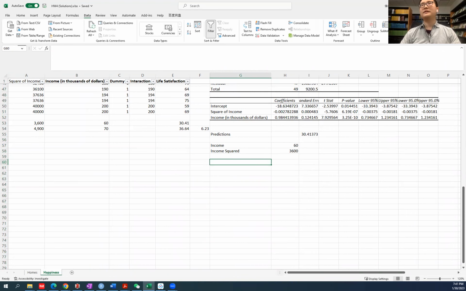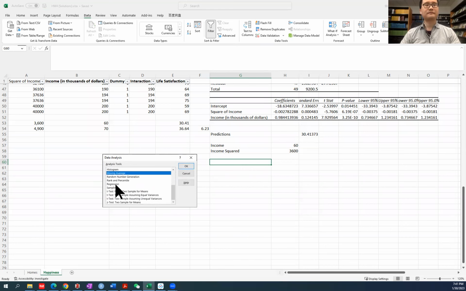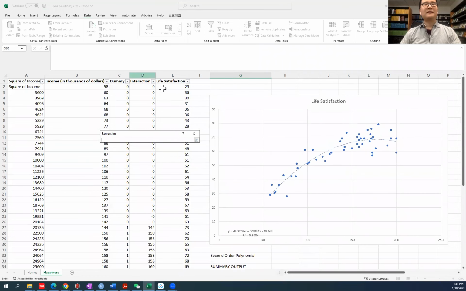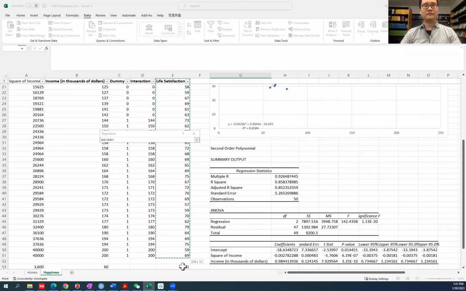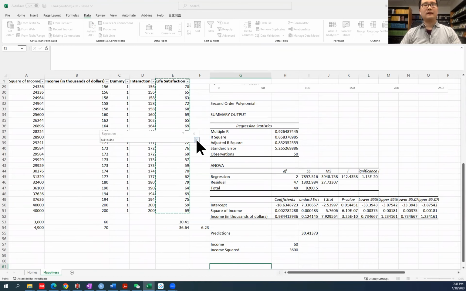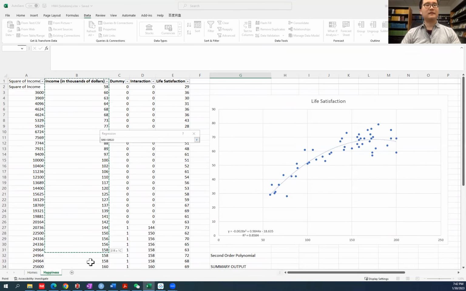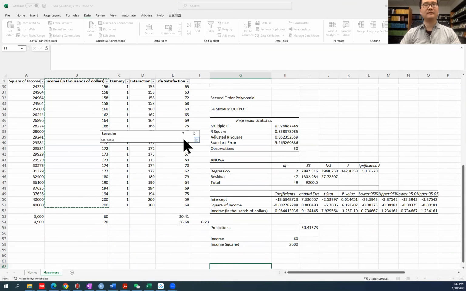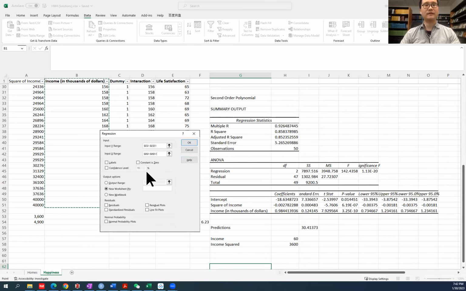Let's go to Data, use the Data Analysis module, and choose Regression. What goes to y? Always the dependent variable, what we want to predict. And what should go to x? As I just indicated, we should not include the square of income. This is just for demonstration purposes, to see what happens if we do not include the square term of income.